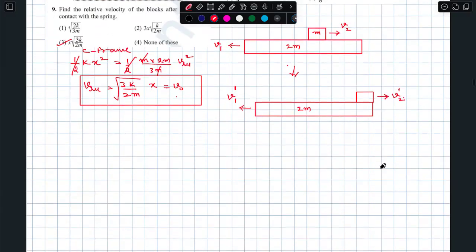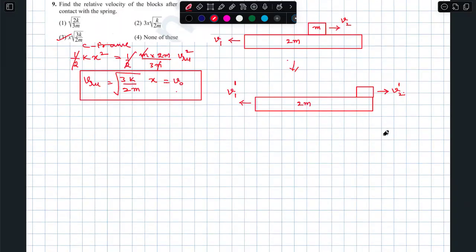Now the issue is that, see, on small m, the relative velocity is rightwards. Agreed? So therefore, friction acts in this direction, and this is kinetic friction.